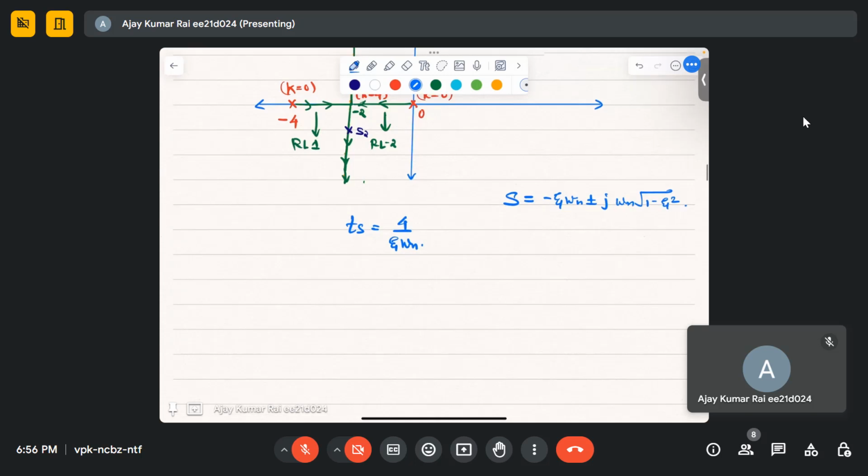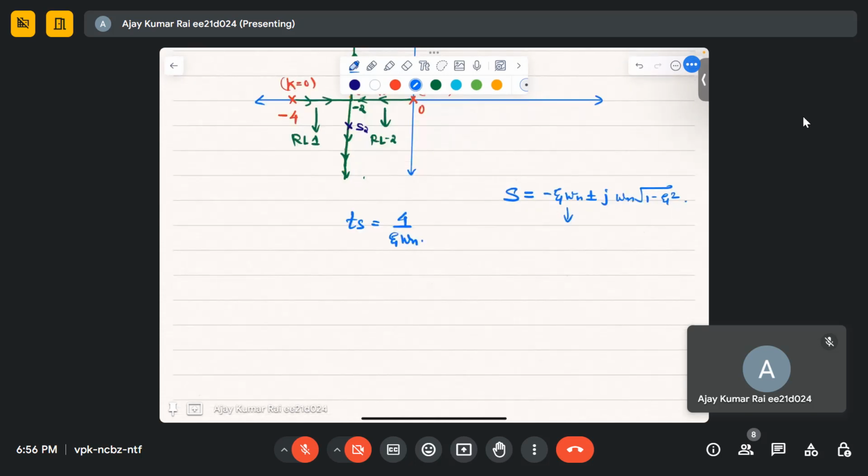This is how the roots are, and this is the real part of the closed loop poles of the second order underdamped system.